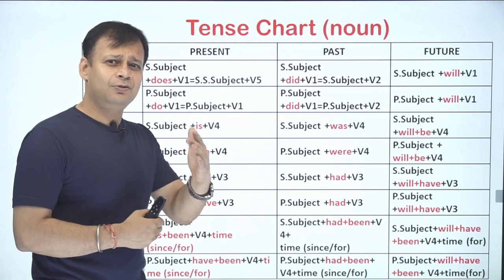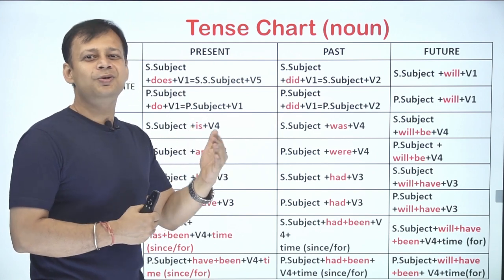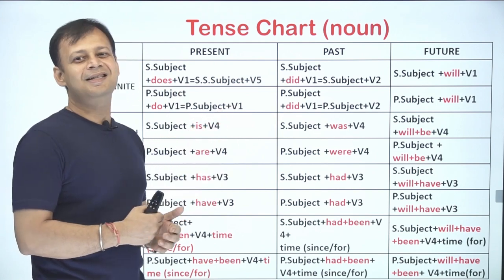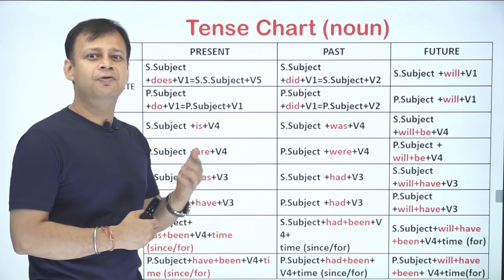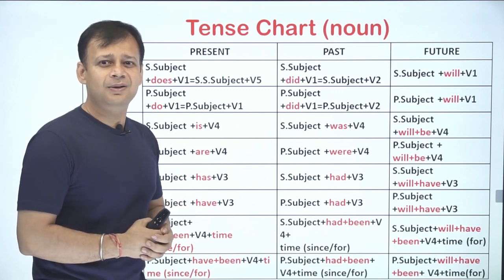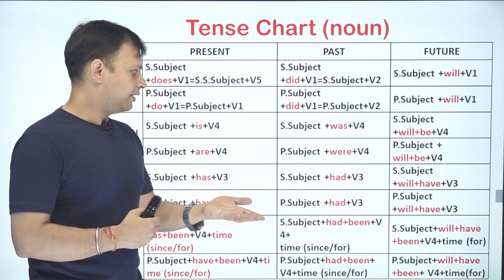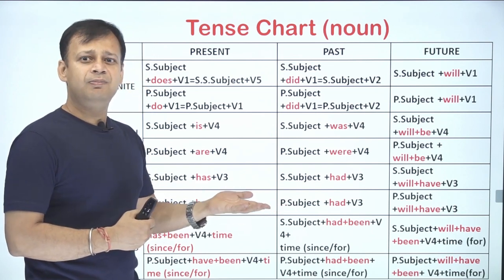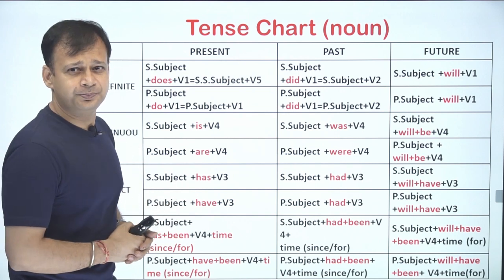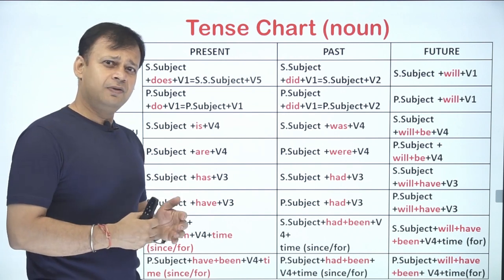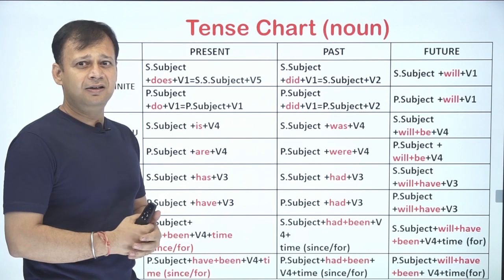Here we just have to understand that we cannot use since because in the future nothing has started. So we should always use for the time element. In case of plural subject as well, will have being a neutral helping verb, so will have been plus V4 plus time can be used. So I hope that you have understood the tense chart very clearly.